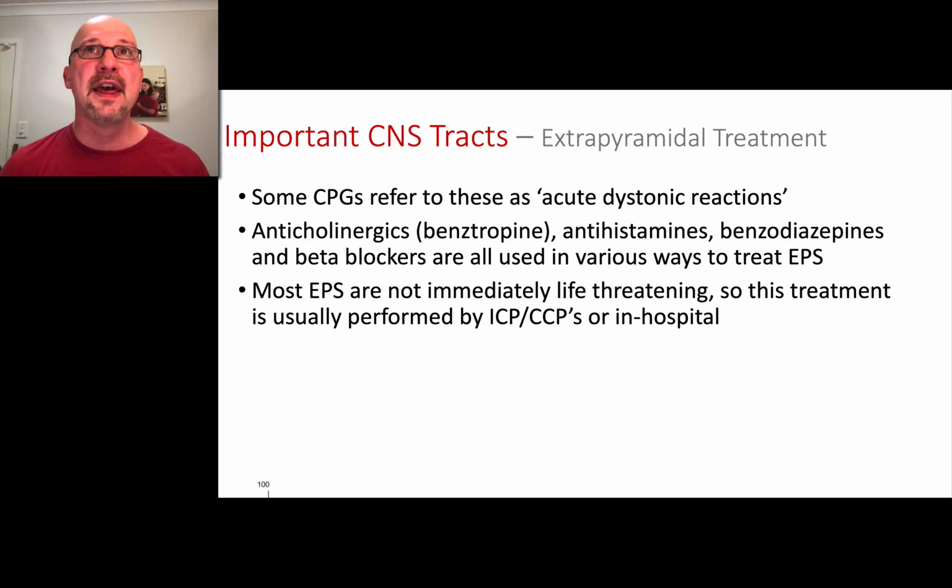Normally, you'll find that because extrapyramidal syndrome isn't immediately life-threatening, the first tier of paramedics, like EMTB in the States, or primary care paramedic in Canada, or advanced care paramedic in Australia, don't give these drugs. It's the NREMTPs or the advanced care paramedics or critical care paramedics in Canada, and the intensive or critical care or the MICAs in Australia that will give. So second level. Right? Those are usually the paramedics that we call in when there are extrapyramidal symptoms because they carry the drugs to help reverse the extrapyramidal syndromes.